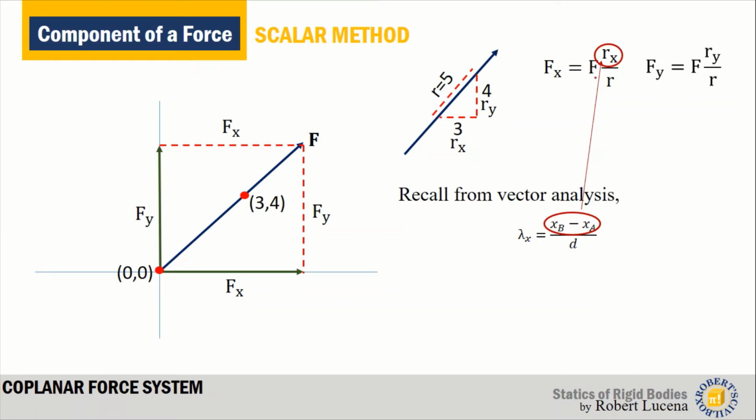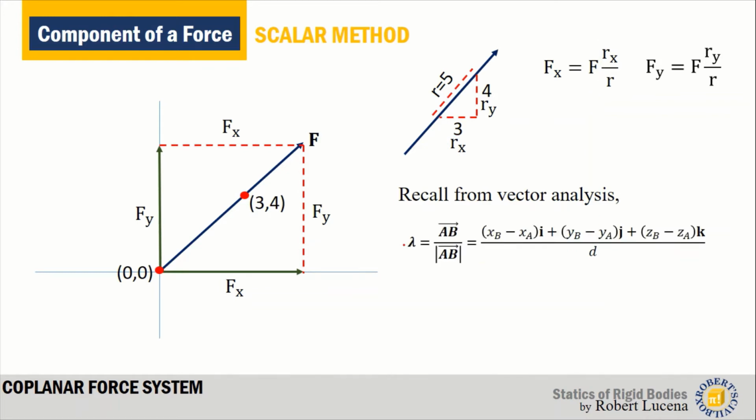So Rx is simply the change in, or the displacement along, the x-axis, that is 3 minus 0. Please watch the video about vector representation. You will learn about this unit vector and how the direction cosine is represented in this manner. Therefore, Rx over R satisfies the principle of vectors.